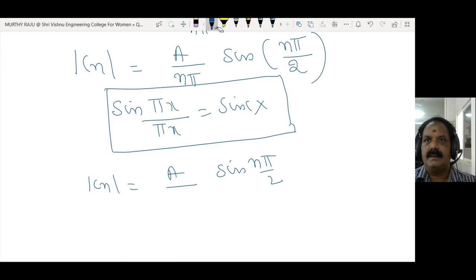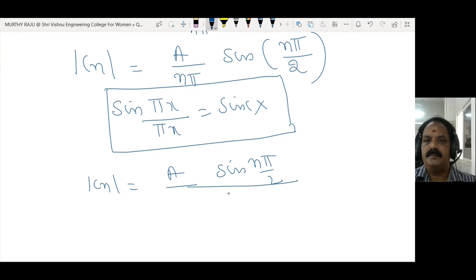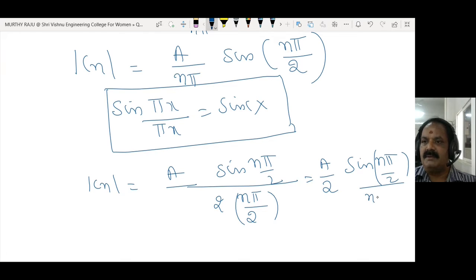So multiply the numerator and denominator by 2 in the n pi by 2 term. That is equal to A by 2 times sin n pi by 2 by n pi by 2.